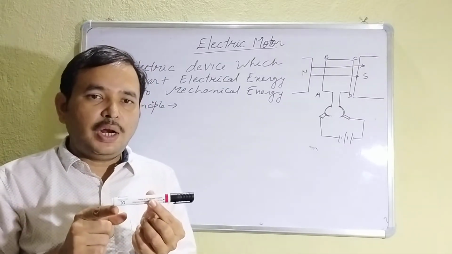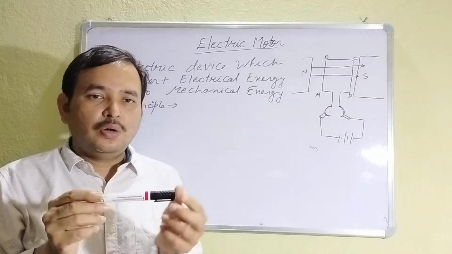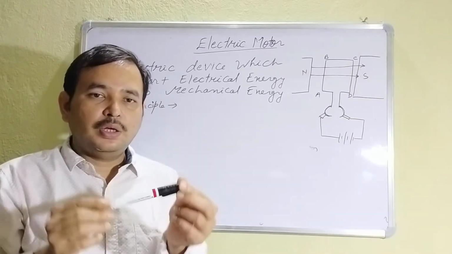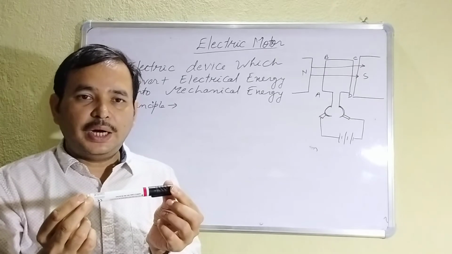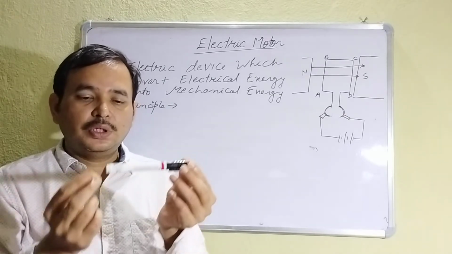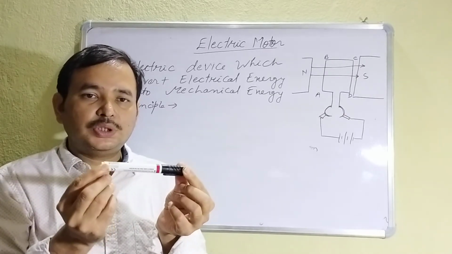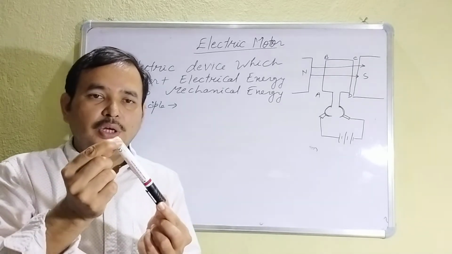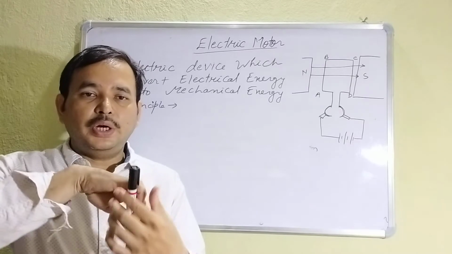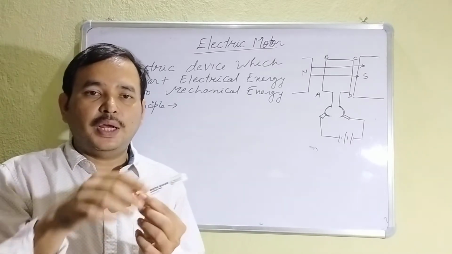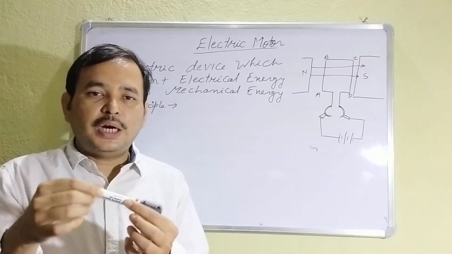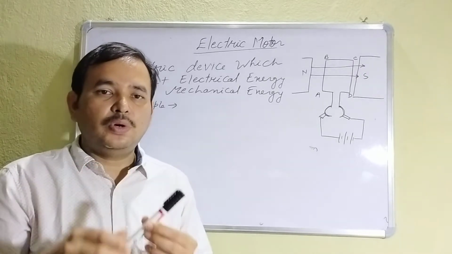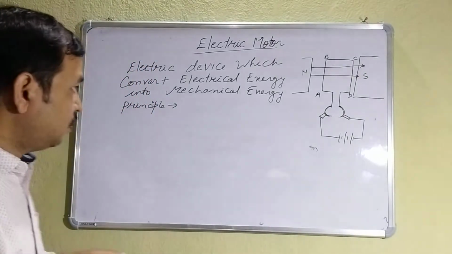You can say equal and opposite forces on the two arms of the coil. If at this end the force is upward, at the other end it is downward, so the coil will start to rotate, like you have seen in a fan. So that is what we are going to discuss.